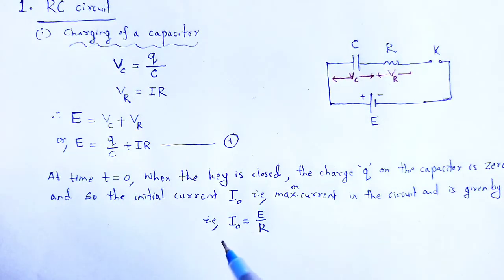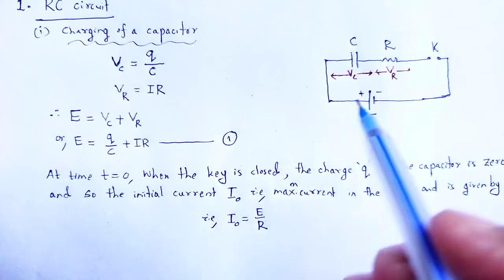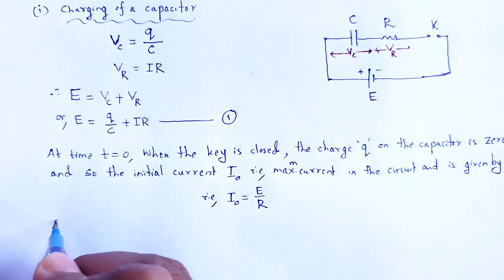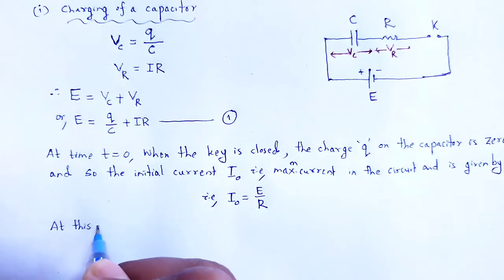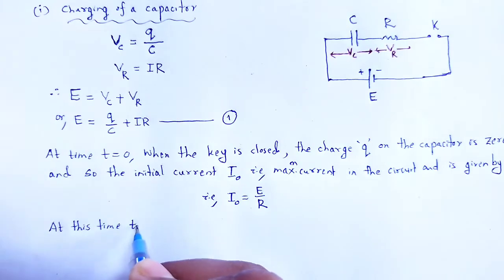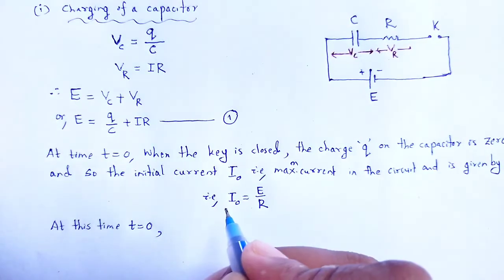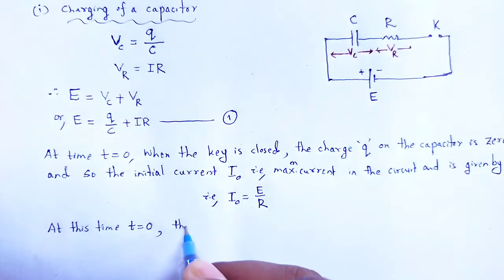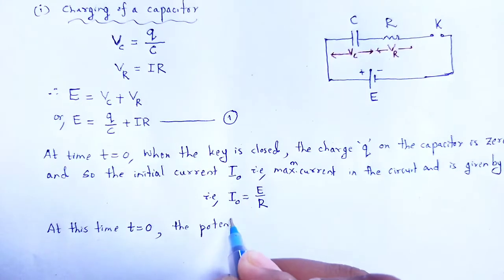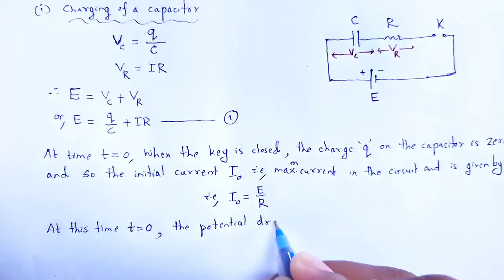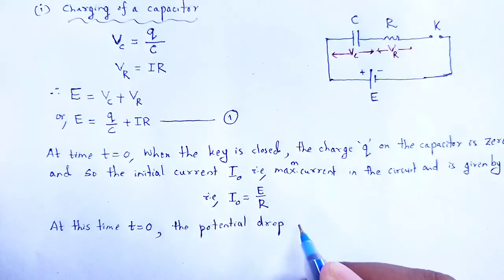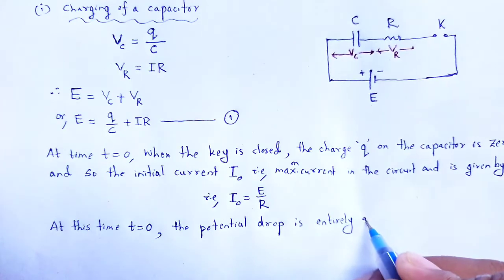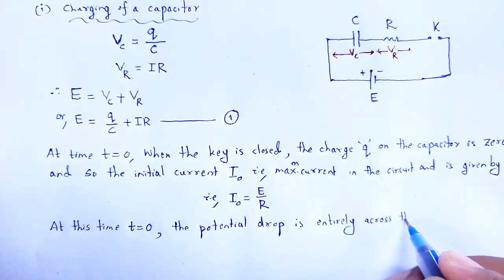Again, at the same situation, at time t is equal to 0, what happened? The potential drop is entirely across the resistor.